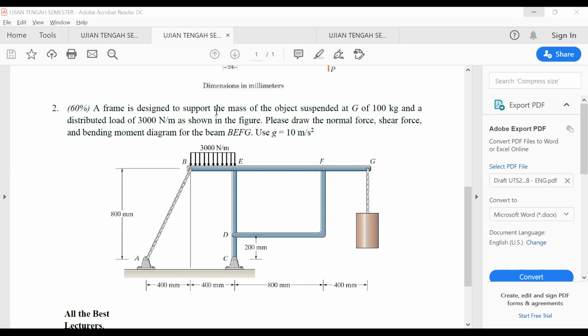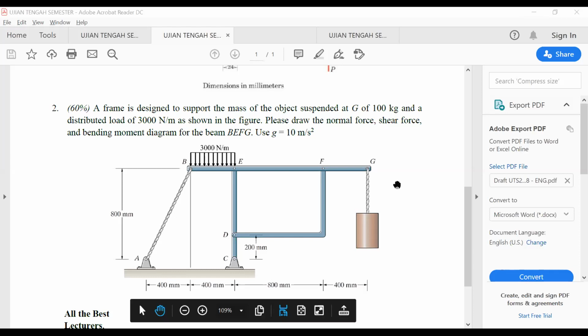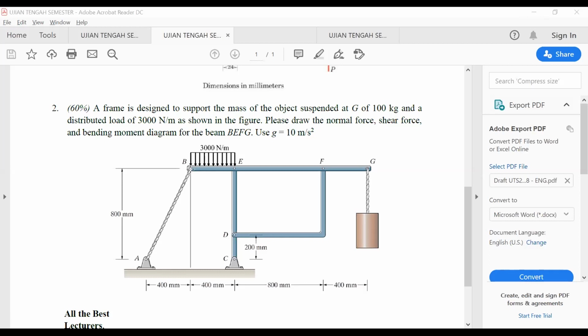Okay, so basically the things that we have to do are this. In order to solve for the internal normal and shear force distribution and bending moment distribution for member B, E, F, G, the first thing you're supposed to do is to solve for external forces. What are the external forces at B? At E? At F? And at G?